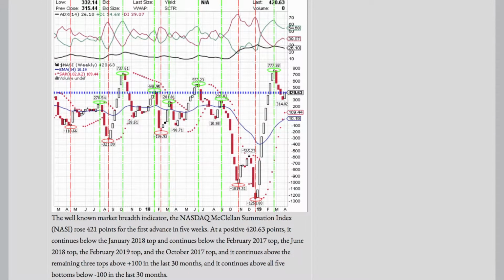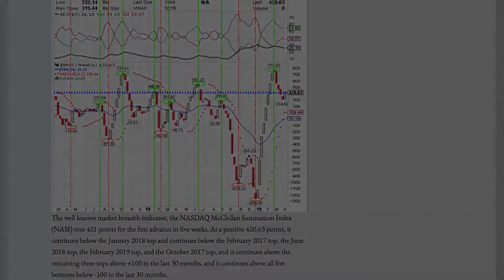At a positive 420.63 points, it continues below the January 2018 top and continues below the February 2017 top, the June 2018 top, the February 2019 top, and the October 2017 top, and it continues above the remaining 3 tops above plus 100 in the last 30 months, as well as above all 5 bottoms below minus 100 in the last 30 months.